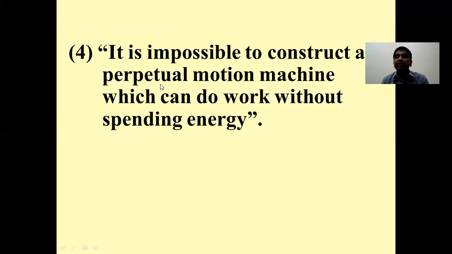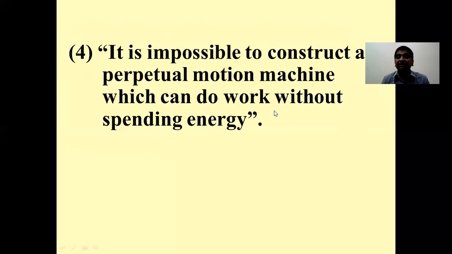What is this perpetual motion machine? A perpetual motion machine is nothing but a kind of machine which can do work without spending energy. A perpetual motion machine is a machine which can do work without consuming energy.